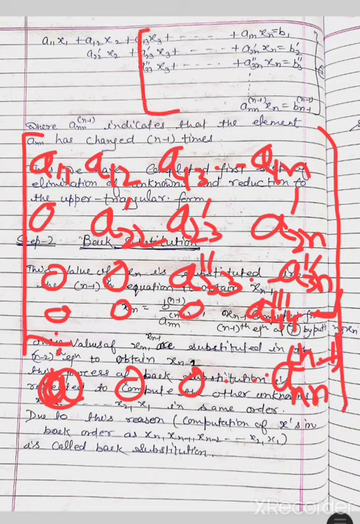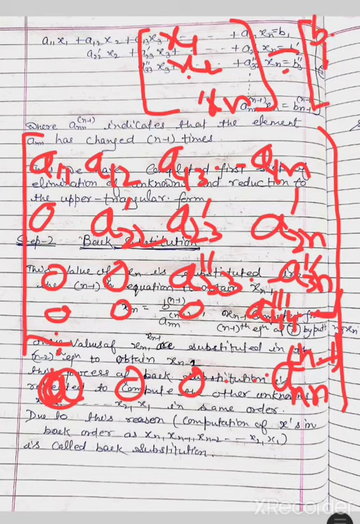Multiplied with x1, x2 up to xn, equals b1, b2 prime, b3 twice prime and so on, bn n minus 1 times prime.